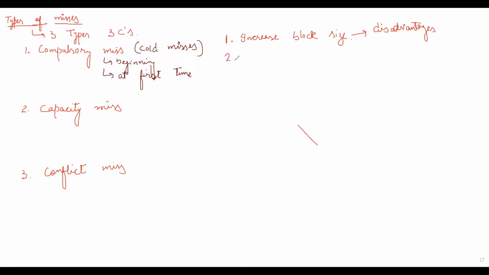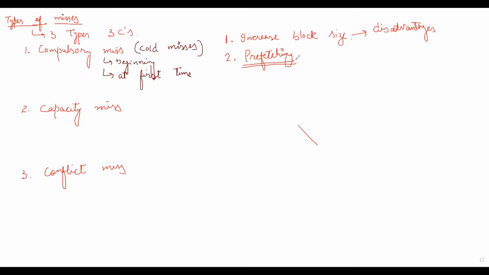The second solution is prefetching. What does that mean? Prefetching means to have a mechanism that we can prefetch the data, we can get the data into the cache even before our processor needs that data. And how will we do that prefetch?